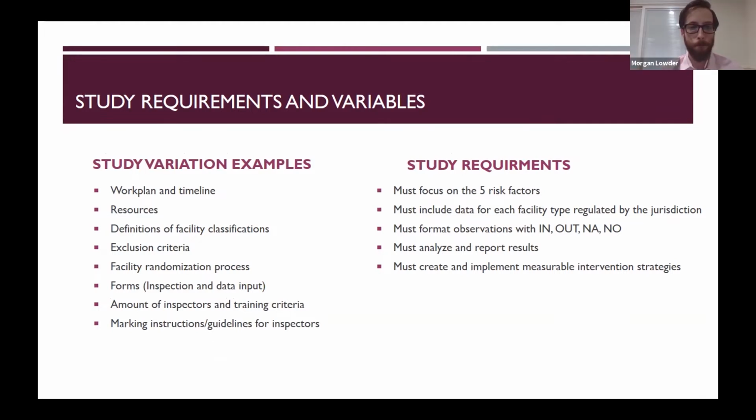However, there are components that may vary within the study, especially if you end up using your own regulatory inspection forms. Some differences that our department had were the inspection forms, data input forms, facility subclassifications, the amount of inspectors that we used, and training criteria. These are definitely important items to consider when planning your study and your work plan.